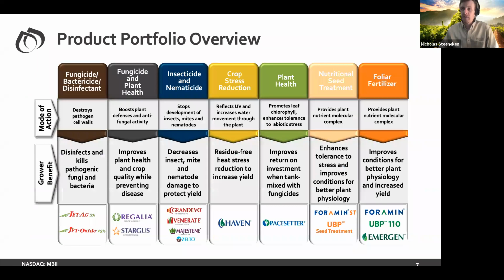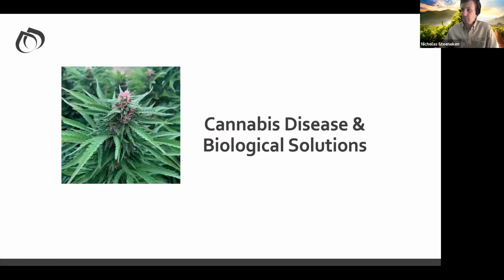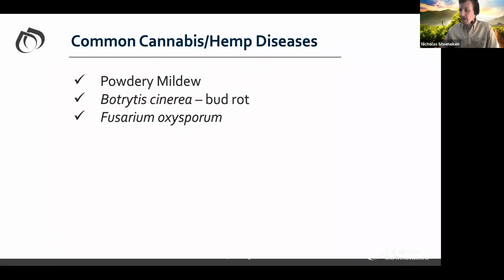Our insecticides and nematicides, Grandevo and Venerate, are what we're going to talk about today, along with Regalia and Stargus, and a little touch on JetAg as well. I'll be going through the product information, and Matt will be doing a lot of the disease introductions and research trials, things like that. And with that, I will turn it over to you, Matt.